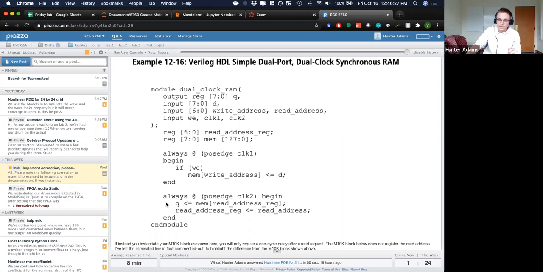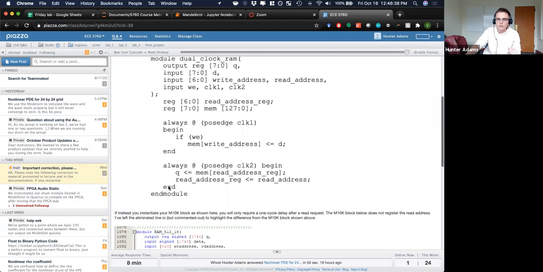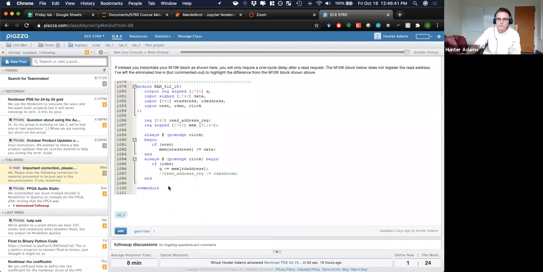The reason for this is that the read address, you can see in the second part of this, is registered. So the fix, if you want to be able to read from your M10K block with only one state of delay, is to get rid of the register on the read address.